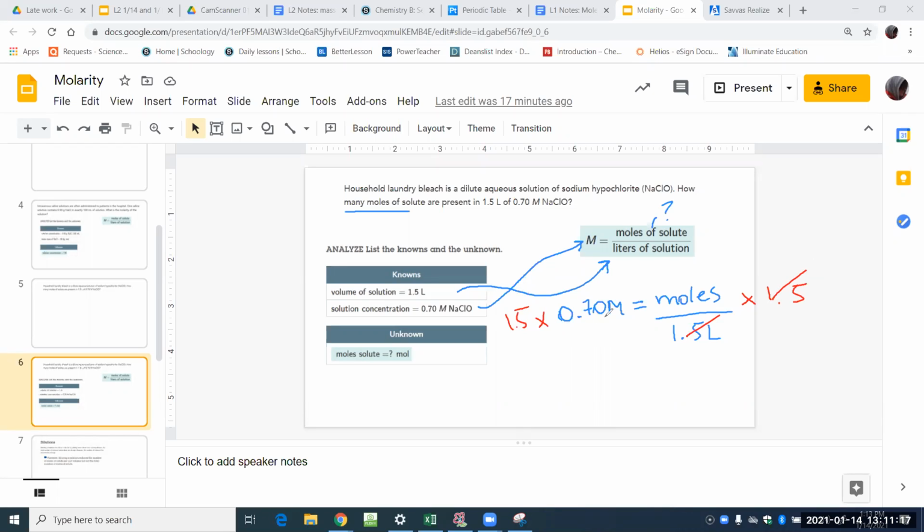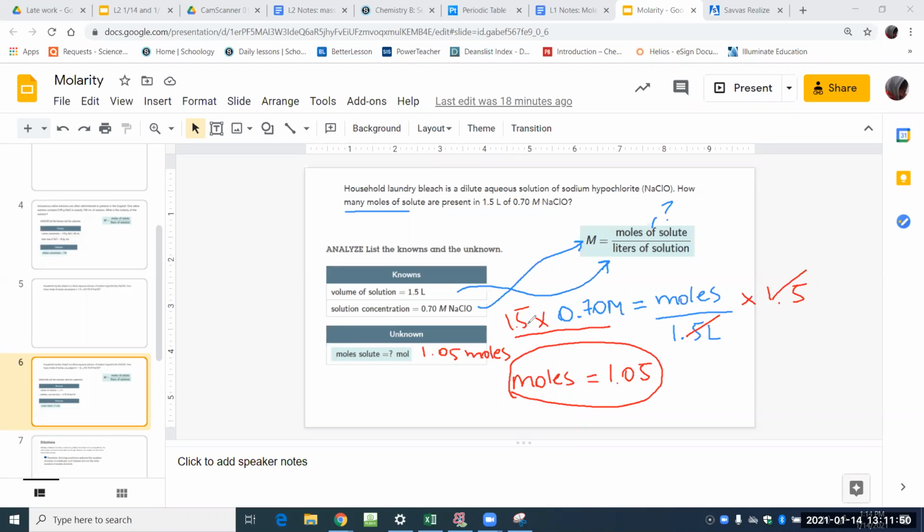Let's see, it gives me moles equal 1.05. Okay, so that's the answer. So the number of moles is 1.05. So the answer would be 1.05 moles. And I got that number just by multiplying 0.7 by 1.5.